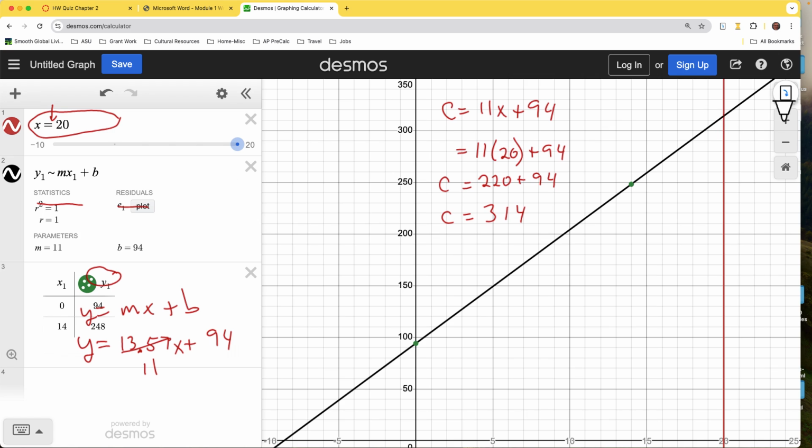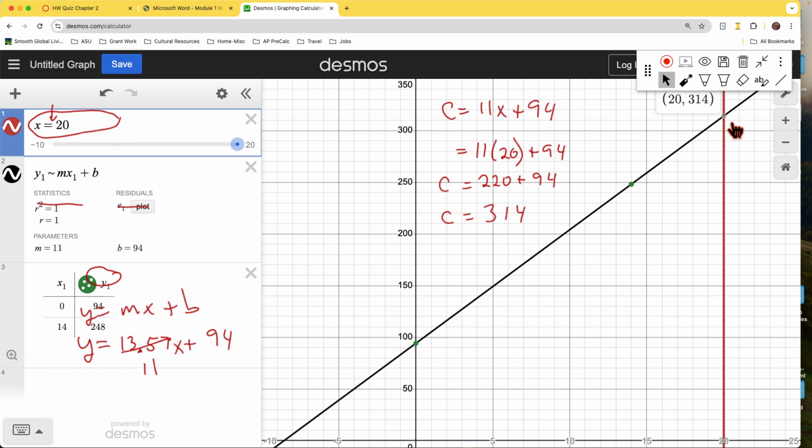This point here. So we could do it either way.